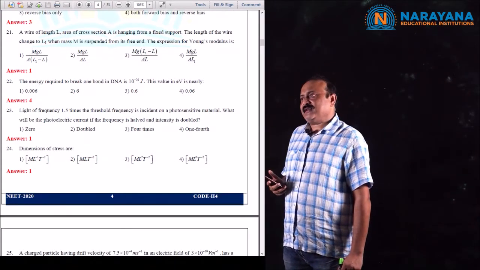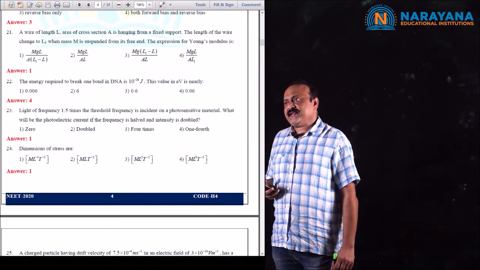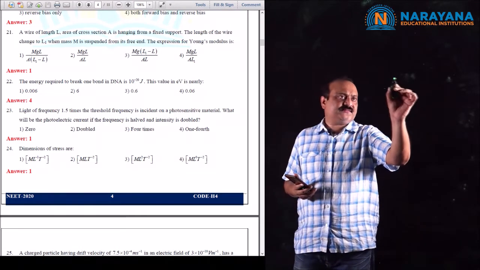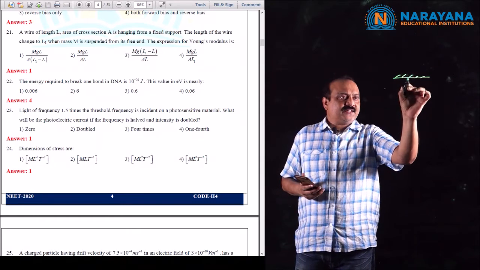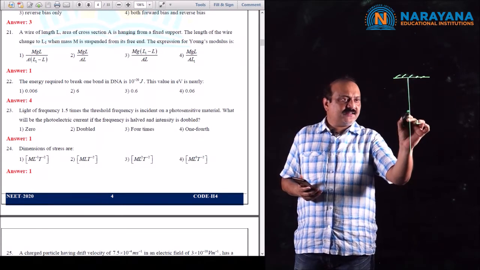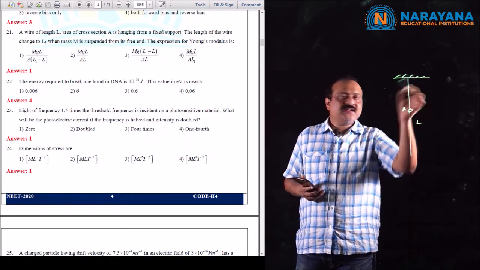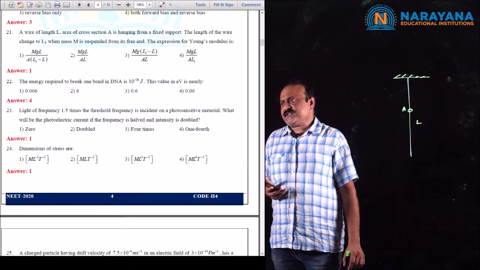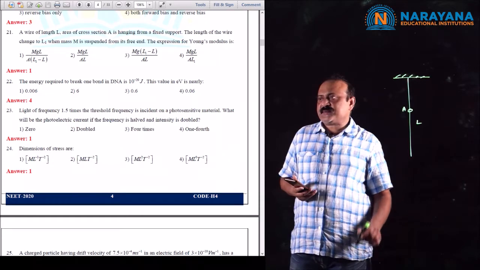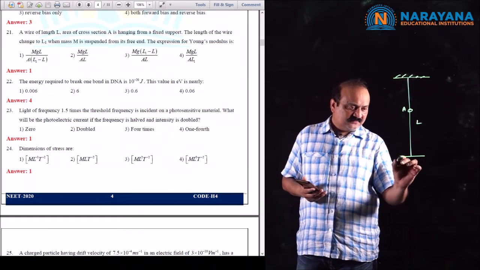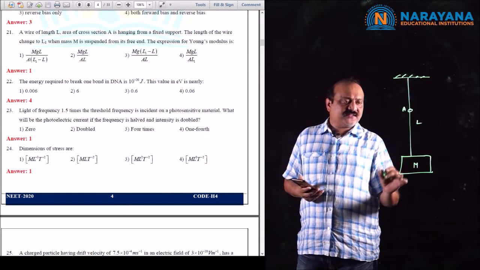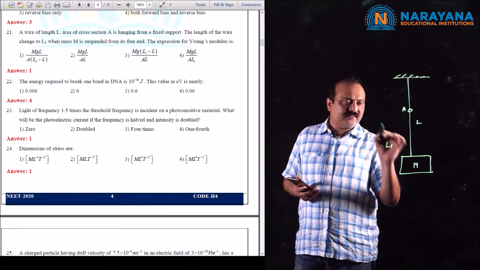Question number 21. A wire of length L and area of cross section A is hanging from a fixed support. The length of the wire changes to L1 when mass M is suspended from the free end. Due to elongation, the final length changes to L1.